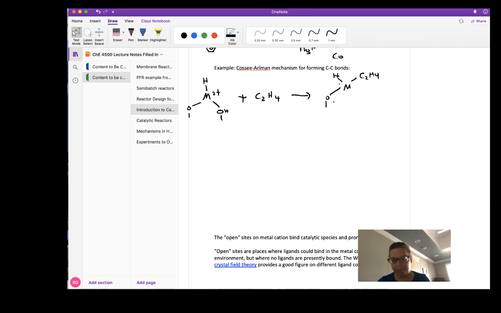Basically, this ethylene here is adsorbing, forming a bond with the metal complex. The ethylene thus reacts with the hydride to form an ethyl.